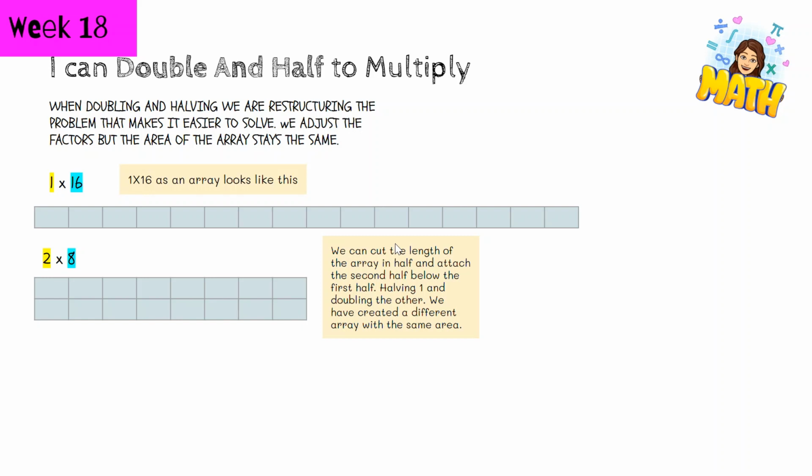Now, if you look at the array, we have cut the length of the 1 times 16 array in half and just moved it underneath the first half. And we got 2 times 8. So the area, or the total number on the inside, does not change, but the equation changes.